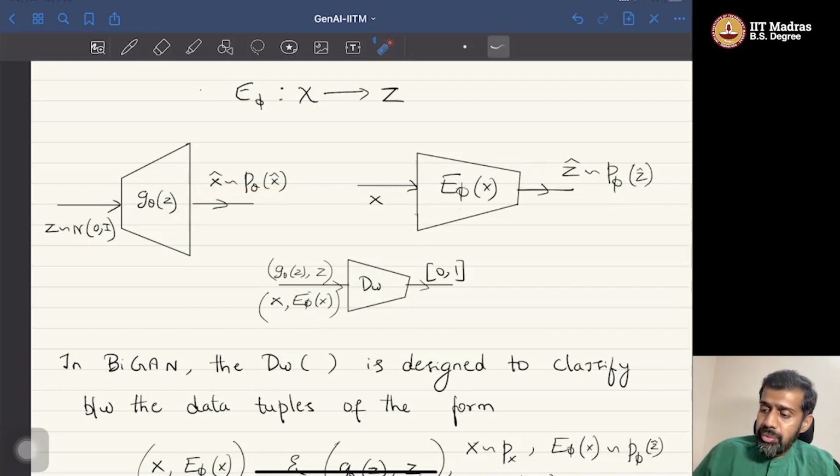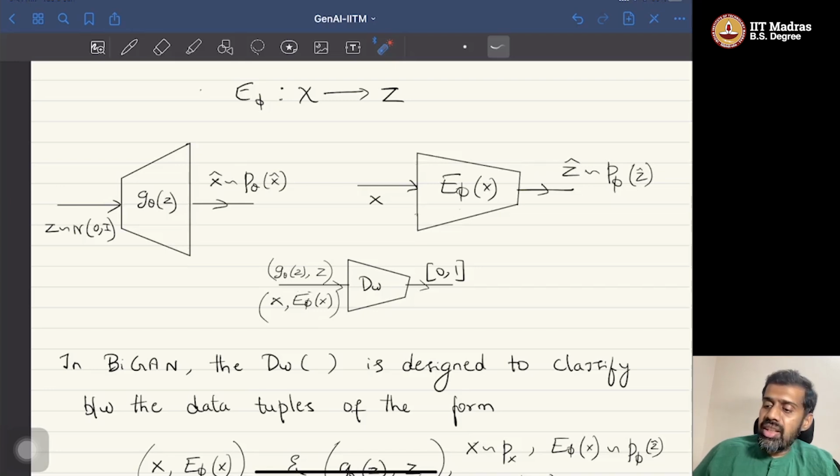Once we get x cap, we get z comma g theta of z as the pair, and we take a particular x from the data set, pass it through the encoder network, you get the z cap. Now take the pairs g theta of z and z, and x comma e phi of x, give them to the discriminator, and then back propagate the gradient just the way we are training the GAN.